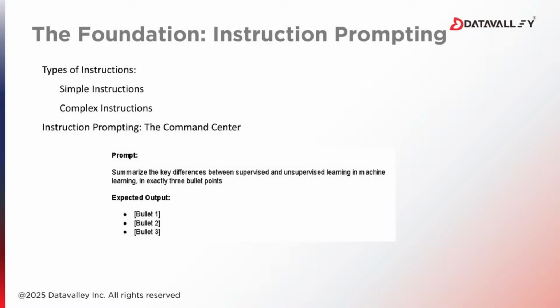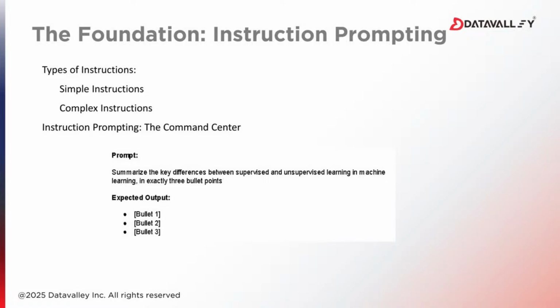Initially, the foundation, that is instruction prompting. You have gone through the difference between prompt and prompt engineering definitions in your previous videos. Now I would like to classify instructions into two types. There are simple instructions and complex instructions.